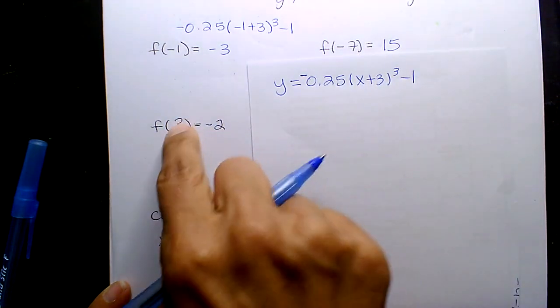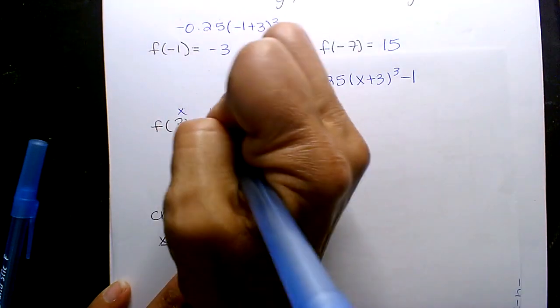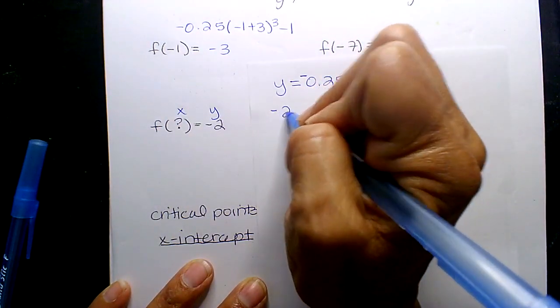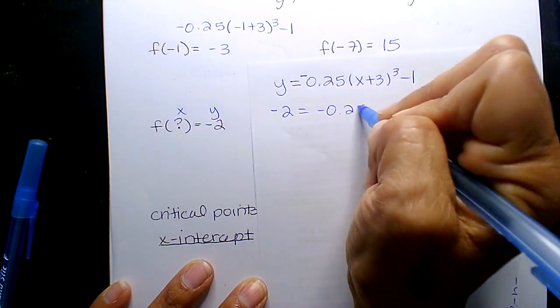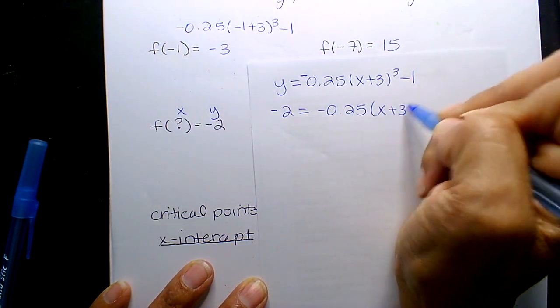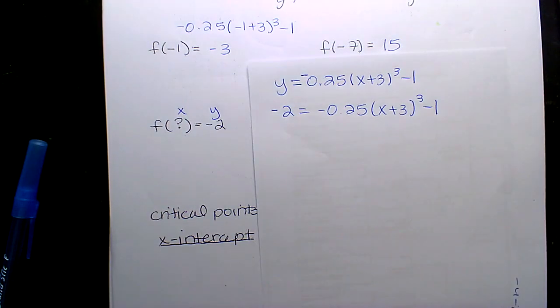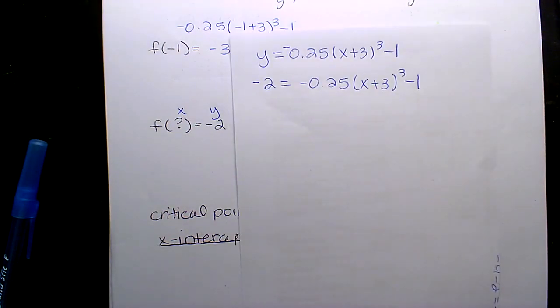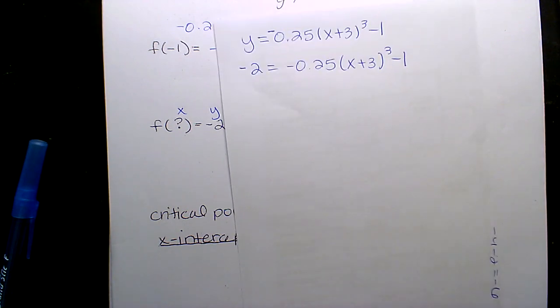Okay, they want to know, this is the input, this is the output, right? This is x, this is y. So y is negative 2. You have to isolate x, which means it's just like when you're solving for the inverse function. You've got to get x by itself. So it's the same steps.